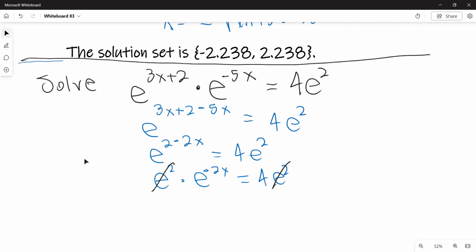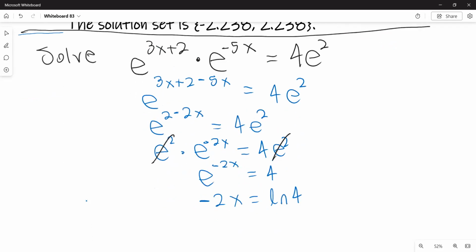Okay, so far we have that e raised to the opposite of 2x is equal to 4. And using the definition of the natural logarithm, the opposite of 2x is the natural logarithm of 4. Or x is negative 1/2 times the natural logarithm of 4.